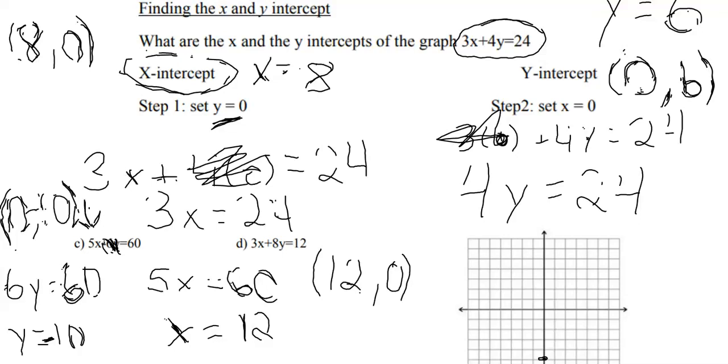I'm going by 2, so I'm going to count 6 over on the x: 2, 4, 6, 8, 10, 12, 0. I've got my 2 points. And now I can graph this line simply by putting a straight line through it. So that's how simple our standard equation can actually be.